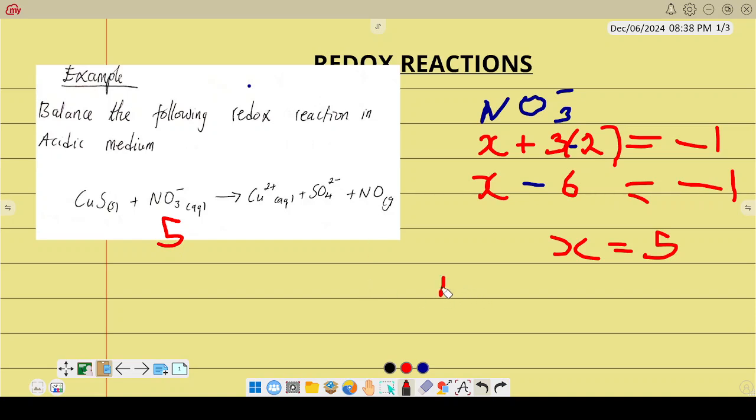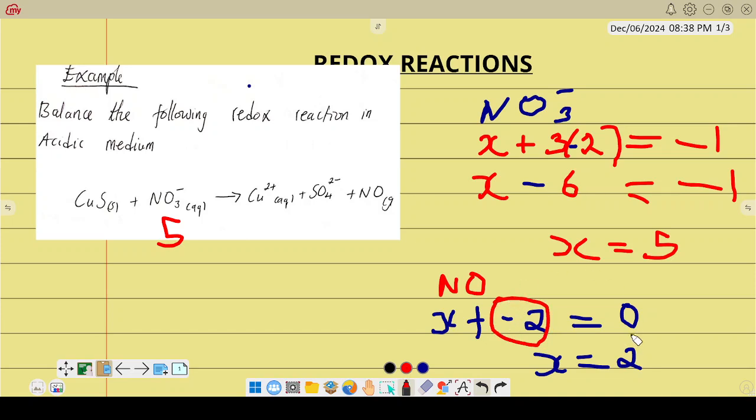So what about the oxidation number here? We say nitrogen, we don't know the oxidation number, x, plus oxygen, which is -2. Everything is equal to the charge; if there's no charge, we say everything is equal to 0. So the oxidation number of nitrogen is positive 2, because here we have -2 and when it goes to that side, it is 2.